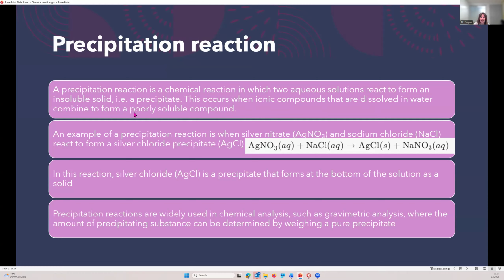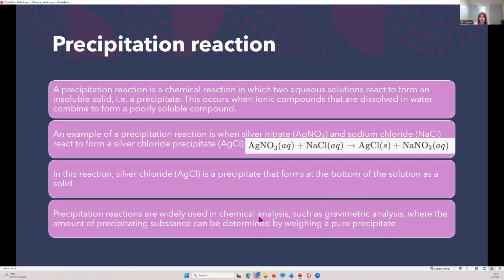So the neutralization reaction was one like this. Here is another example of a precipitation reaction. Silver nitrate and sodium chloride react to form a silver chloride precipitate, and that forms at the bottom of the solution as a solid.